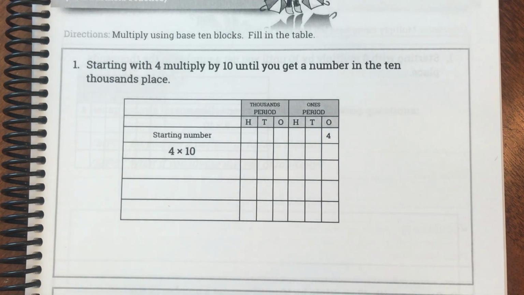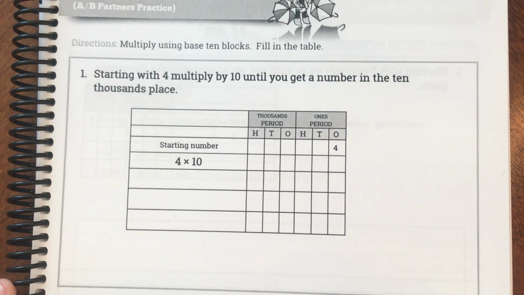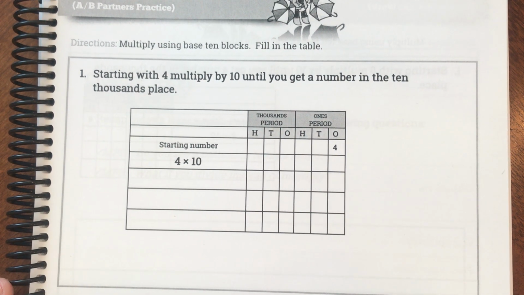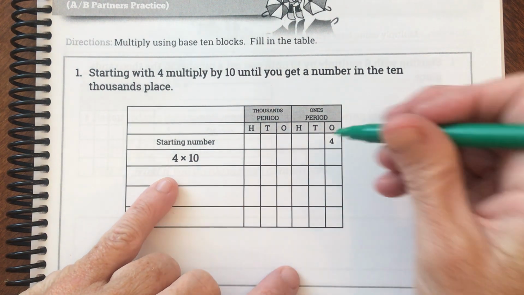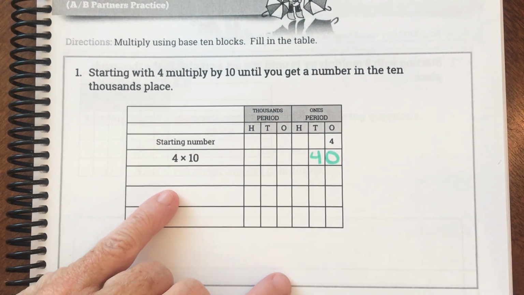Okay, let's try one together, ladies and gentlemen. We're on page 176. And it says, starting with 4, multiply by 10 until you get a number in the 10,000s place. Okay, so we have 4 times 10 is 40.